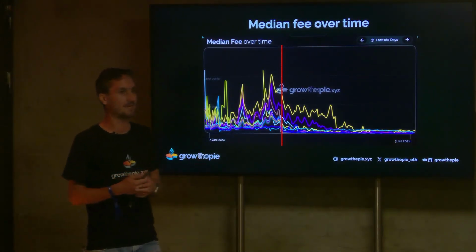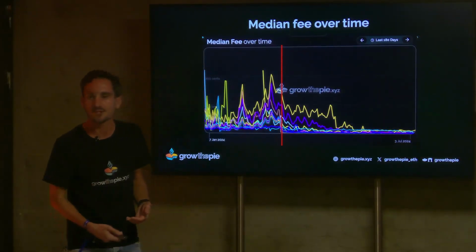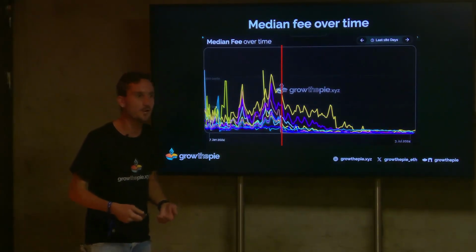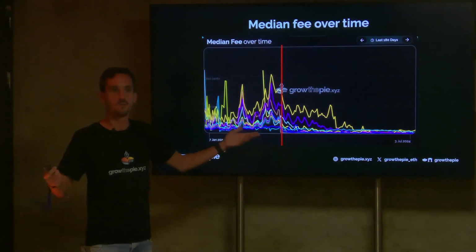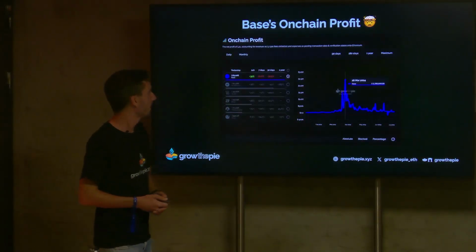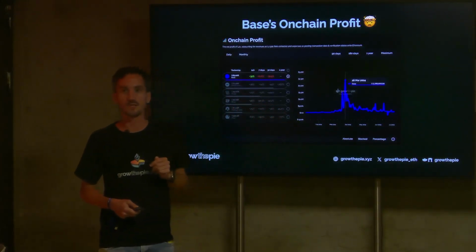And now everyone's saying we're talking about economics, right? Okay, so they still have to run their own chain. They have operating costs. So if we now get the fees down, do we still make money? That's quite interesting in Base's on-chain profit, if you look at that.